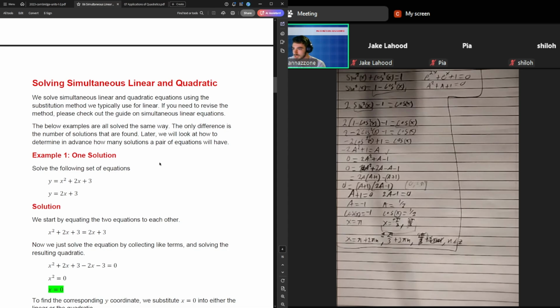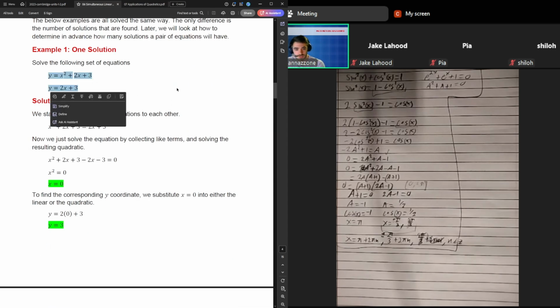And so when we're solving simultaneous linear and quadratic, if there's no additional unknowns in here, then effectively all that's happening is you solve it like any other simultaneous equation. You equate the two things together and you solve for x.